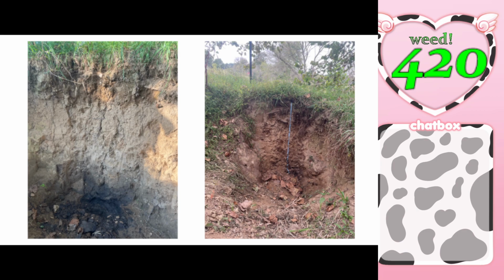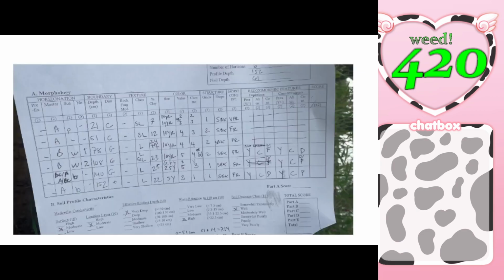So we have this little paper where we talk about this, and we have to say the class. This is saying sandy loam. L stands for loam. SIL stands for silty loam. We have the clay percentage, how much clay is in here.